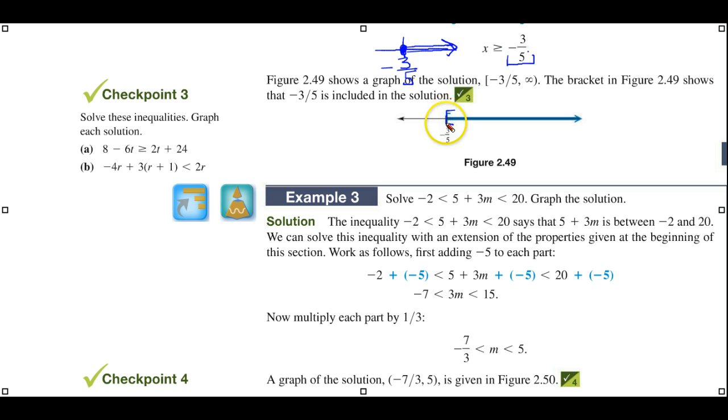So when we convert that to interval notation, right from the graph, we use a bracket, negative 3/5, comma, and this goes to positive infinity. Now, students sometimes wonder, which direction do I put the arrow, the thickened line?